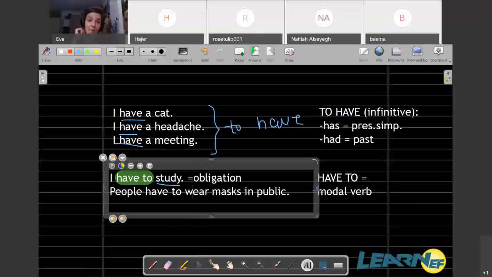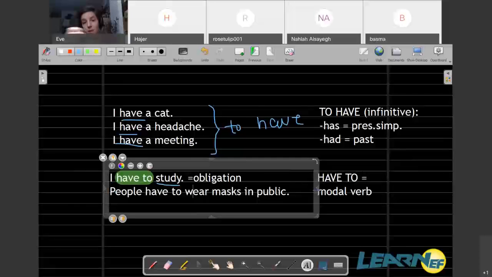To have is a main verb, and it has many, many meanings. Like to have a cat, to have a headache, you have a job, you have a house, you have a husband, you have a fiance. So you have it, like it's yours, right? Have to is always have plus to together, and then followed by a main verb.